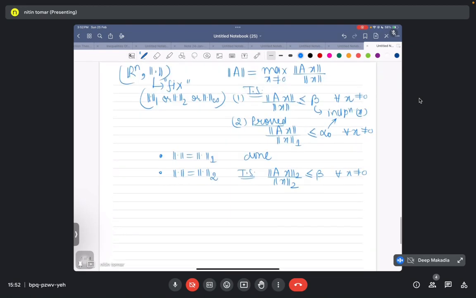What I have proved here is, but can anyone tell me what I have proved? I have proved in this case that the 2 norm of x is less than this. Because I am taking the same norm, these two norms are the same, so the numerator will be replaced by the 2 norm.